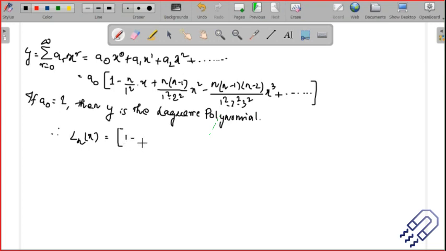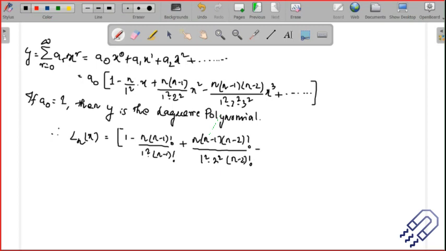We can write it as 1, n into n minus 1 factorial divided by 1 square. The n minus 1 factorial was never there, so we have to divide it by n minus 1 factorial. Then I will take plus n into n minus 1 into n minus 2 factorial divided by 1 square, 2 square, n minus 2 factorial, and then minus, and so on.